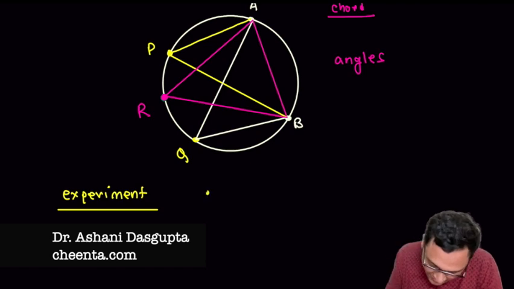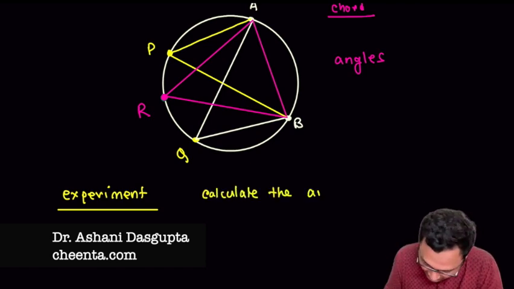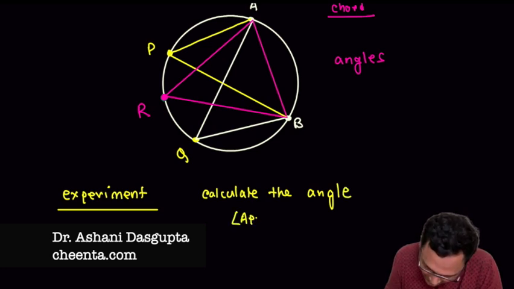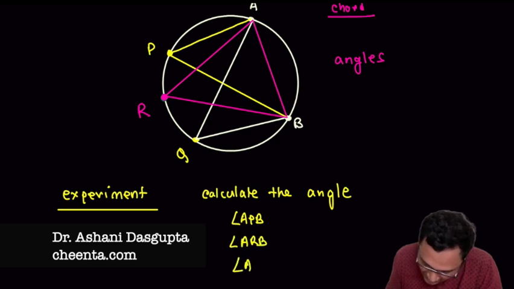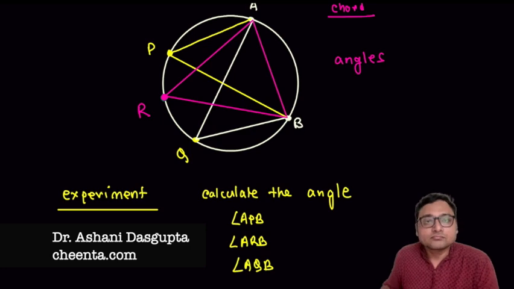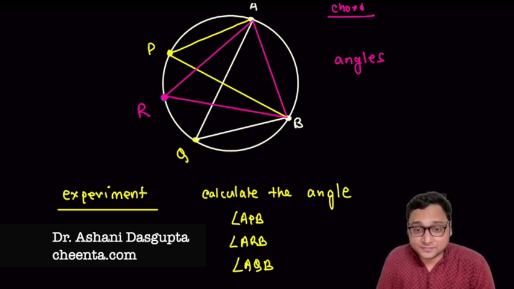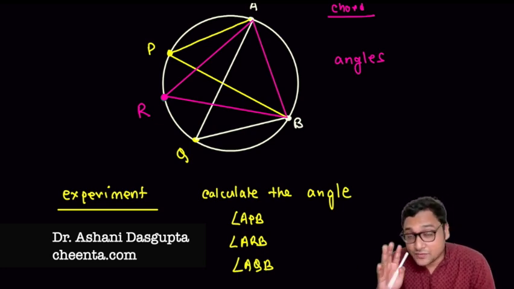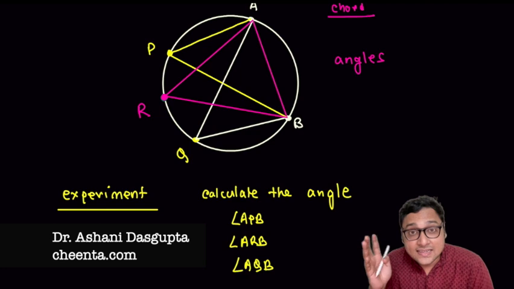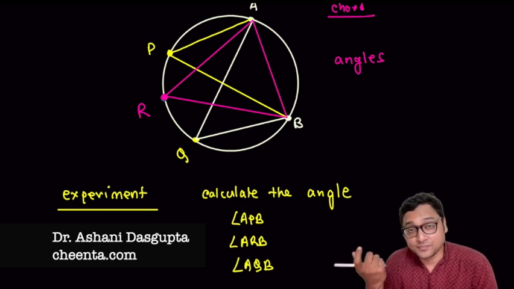Let's calculate the angle APB, ARB, and AQB. If you find out the angles, you should be able to put them in the comment section. If you see a pattern, tell me what pattern you see.